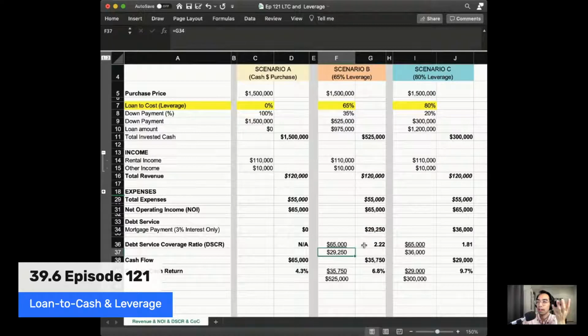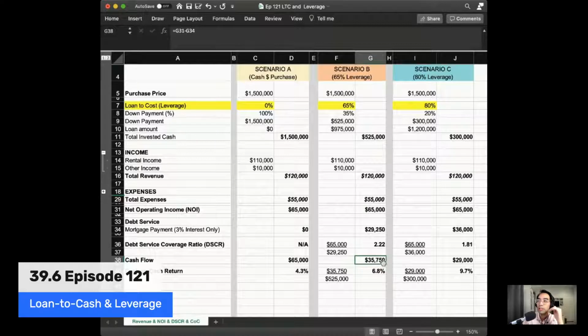You obviously have a lot more net income than you have debt. You actually have a debt service coverage ratio of 2.2. That's a very big spread. That means in 1 month, you have enough extra money to pay more than 2 months of your mortgage service. Now the cash flow is less than it is in the first situation.